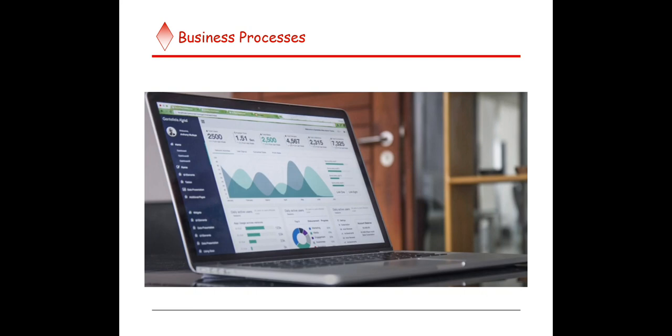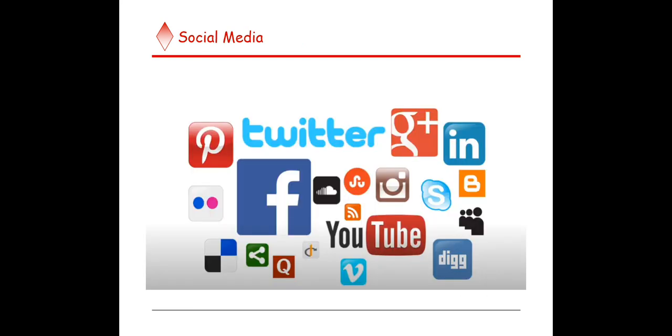It is making our business processes fast and precise. We also use social media for entertainment and knowledge updates, everything. All those facilities are provided by computers.